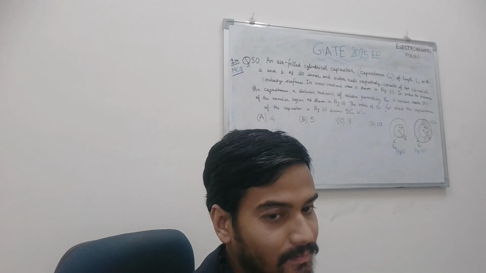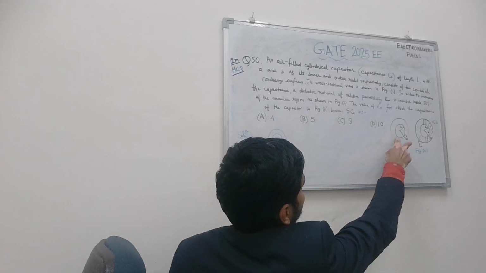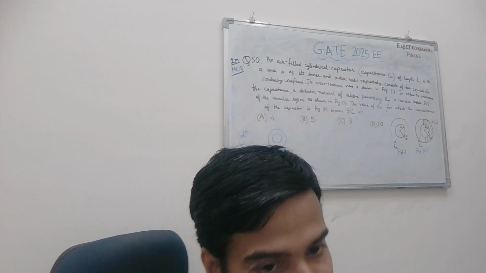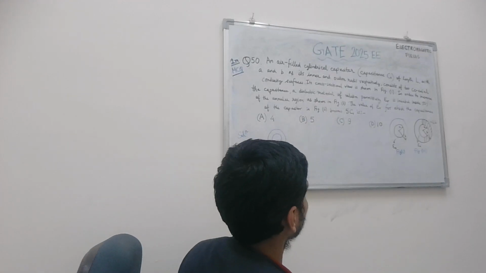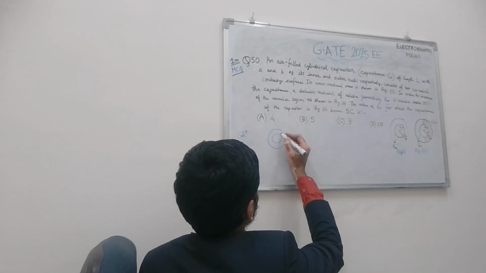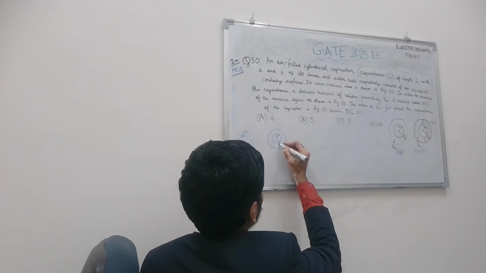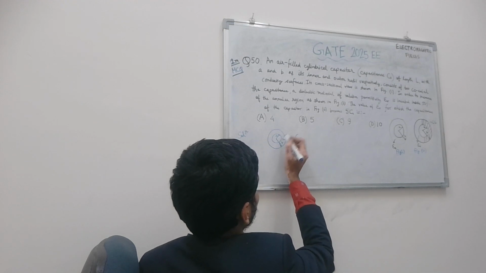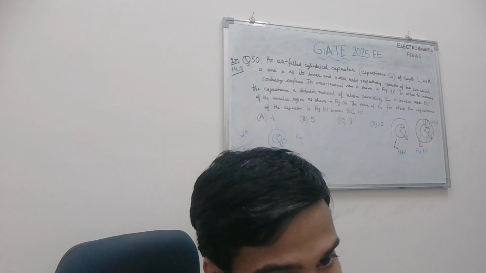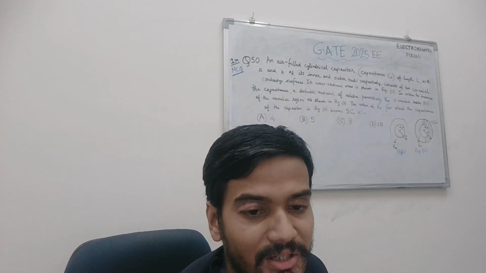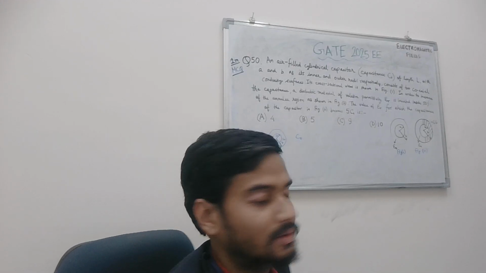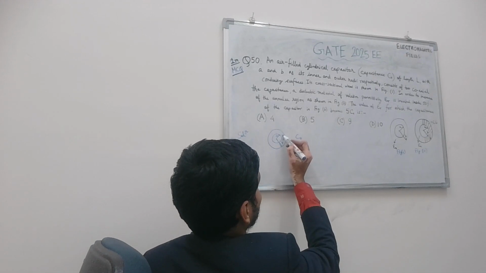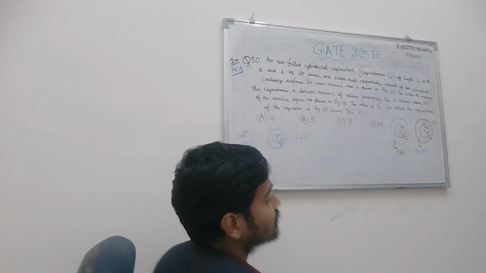So area, this area, the annular area. In the first case, what is C naught? C naught is the capacitance between these two cylindrical capacitor shells. It forms a capacitance, no? This capacitance. C naught, what is it?